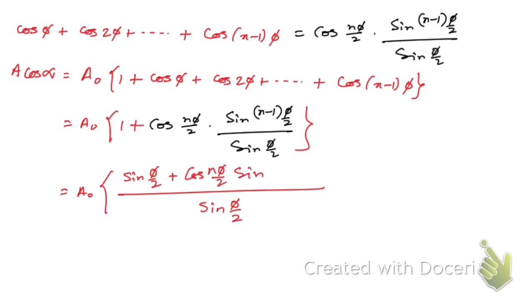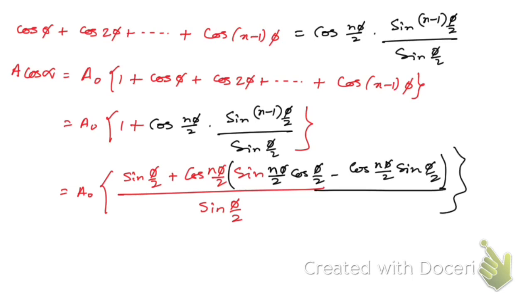If you expand it, then you're gonna have sine n 5 by 2 cos 5 by 2 minus cos n 5 by 2 sine 5 by 2. That's what you're gonna have, right?